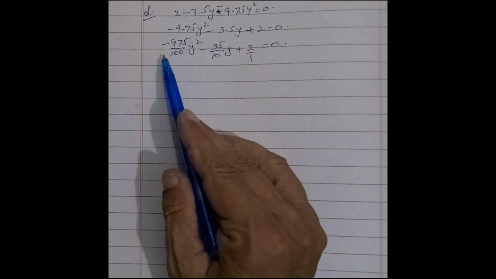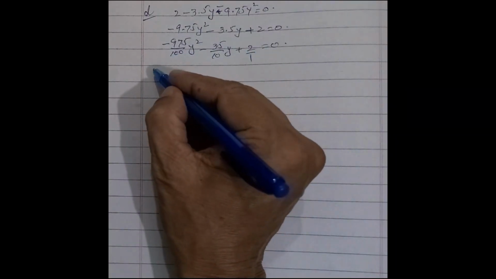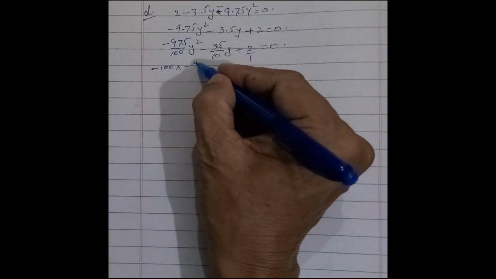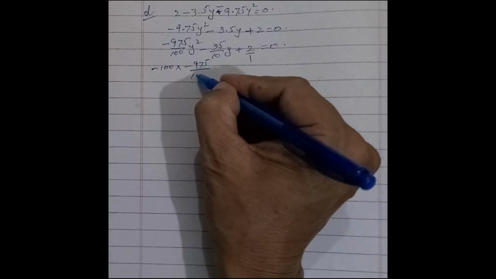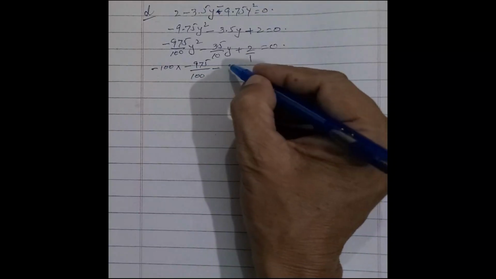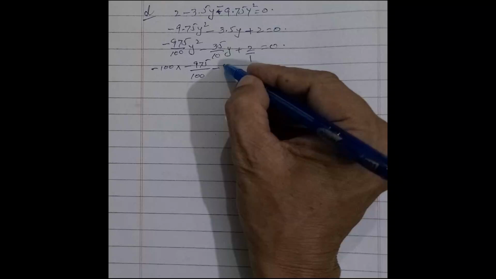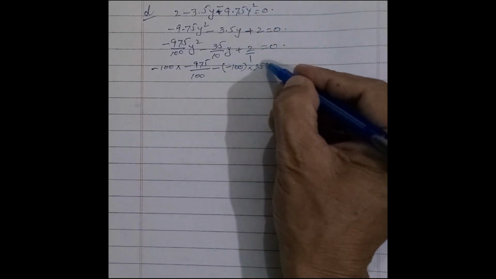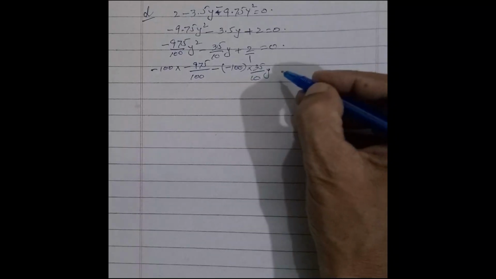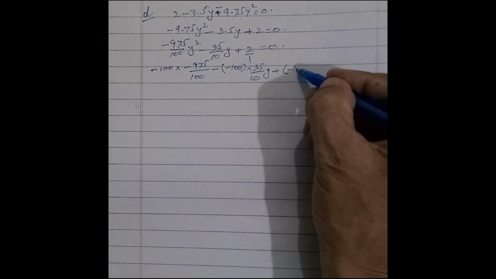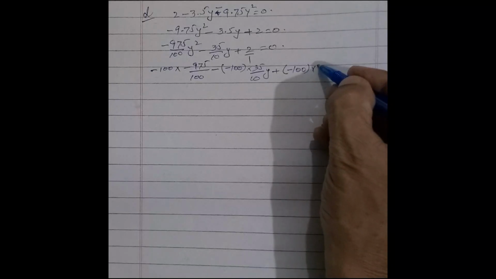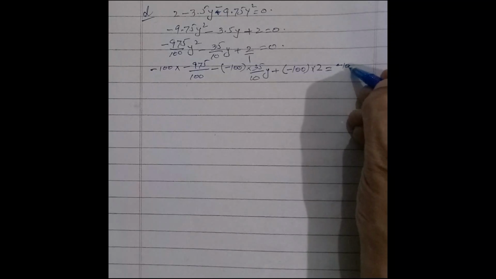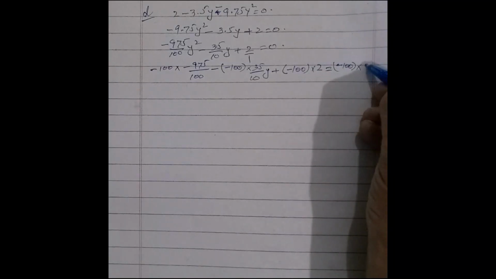So we multiply both sides by minus 100: minus 100 multiplied by minus 975 over 100, minus minus 100 multiplied by 35 over 10y, plus minus 100 multiplied by 2 is equal to minus 100 multiplied by 0.